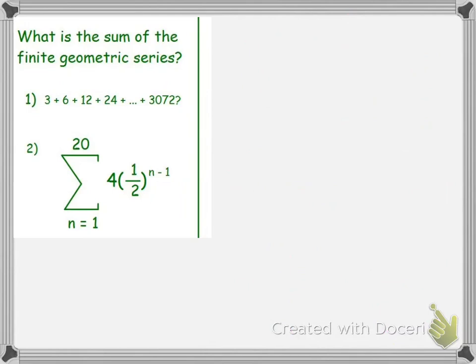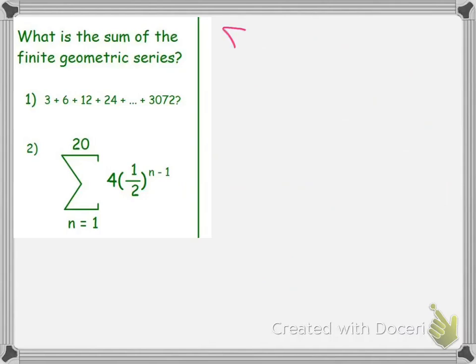Okay, so now to do the second one. I know that this is a geometric sequence because it's written in exponential form. The variable is in the exponent, which means it's going to be a geometric sequence. If it's an arithmetic sequence, remember it's going to be in slope-intercept form.